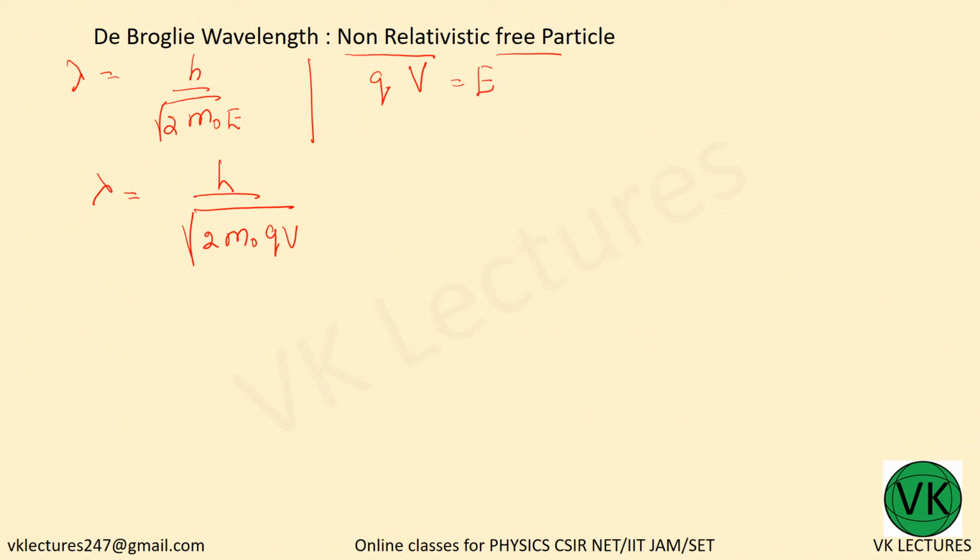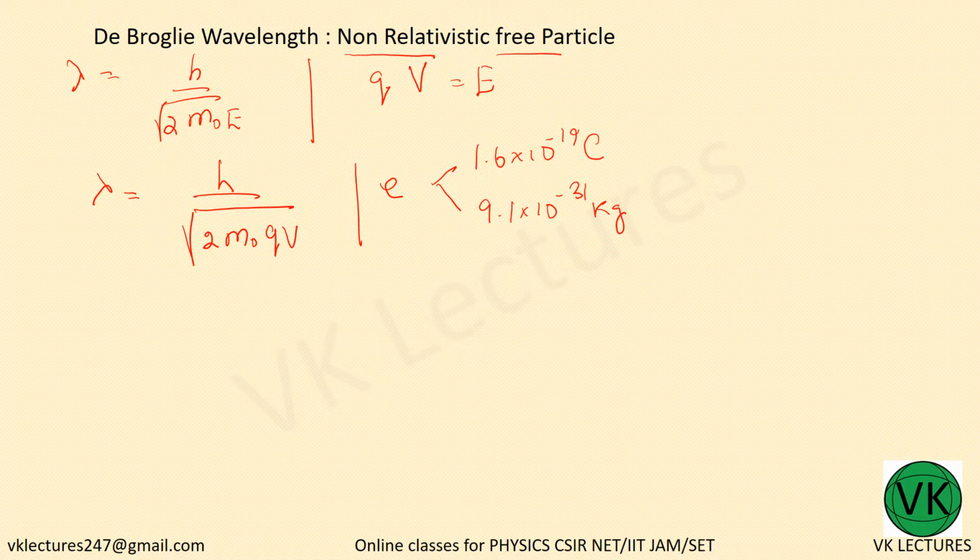For a charged particle. Now suppose this charged particle is an electron. So what is the charge of this electron? Charge of this electron is 1.6 into 10 to the power minus 19 coulomb, and mass of this electron is 9.1 into 10 to the power minus 31 kilogram. Now substitute these two values.